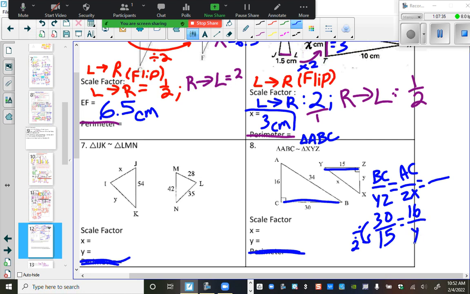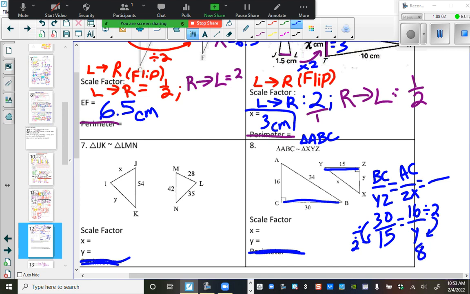ZX is Y. But just like before, you divide 16 by 2. What's 16 divided by 2, ladies and gentlemen? 8.